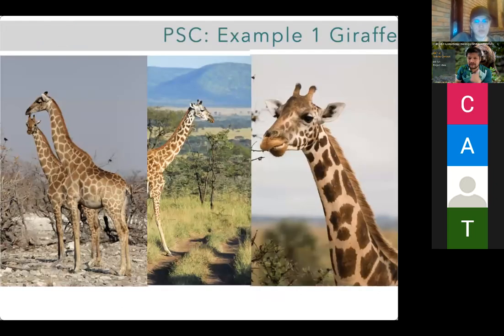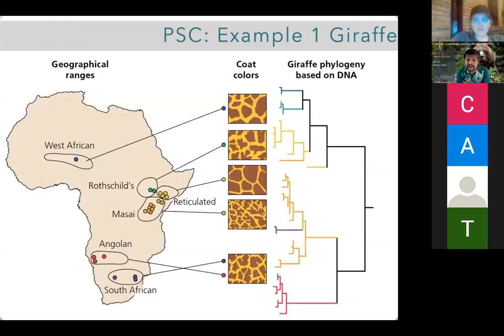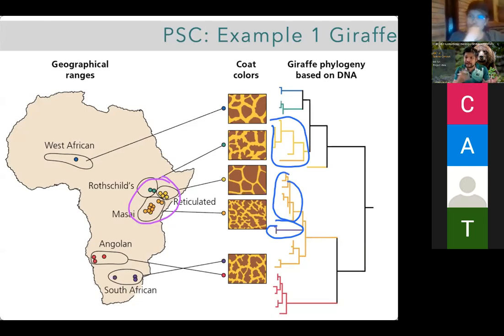And that's the reason why we know these three pictures of giraffes are different species. They did morphology and molecular phylogeny based on DNA of giraffes, and found the grouping based on the coat colors and also based on geography. This cluster in this area used to be called the same species, but now thanks to molecular biology, they are able to separate into different species based on coat color and also by their populations, and the DNA confirmed their existence.